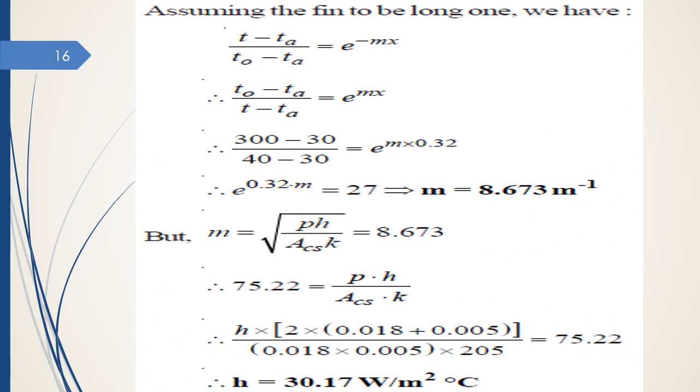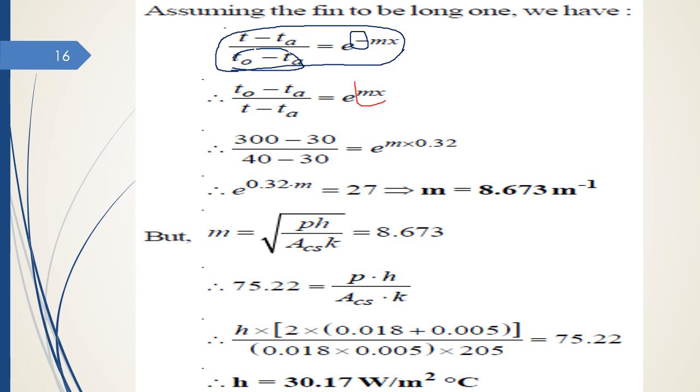Simply we have to go for this formula, (T minus TA) divided by (T0 minus TA), that is equal to e raised to minus mx, where to make this minus sign to plus sign, we will reverse this equation. So T0 minus TA, the numerator will come in the denominator and the denominator will come in the numerator.